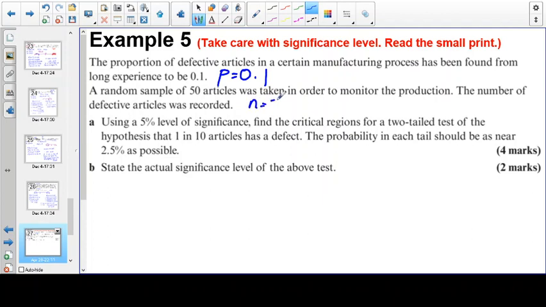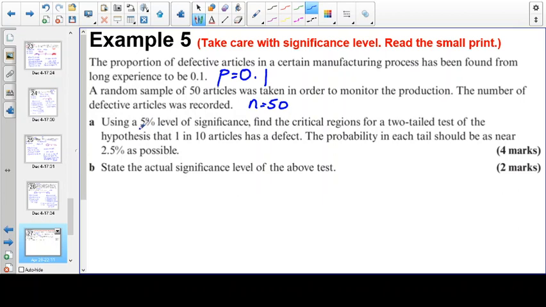So n is 50. Using a 5% level of significance, find the critical regions for a two-tailed test of the hypothesis that 1 in 10 articles has a defect. So this is our 0.1. The probability in each tail should be as near 2.5% as possible.